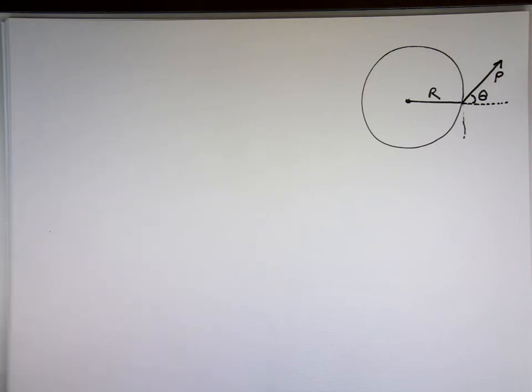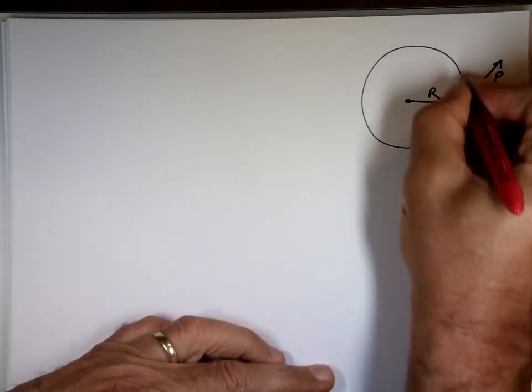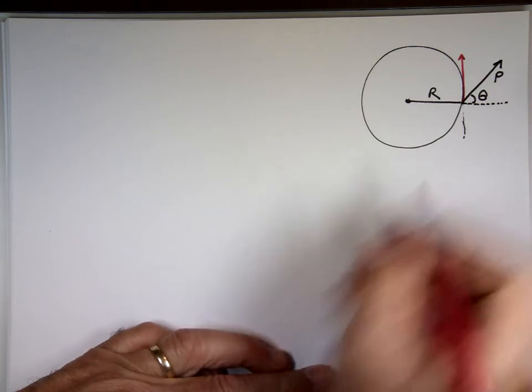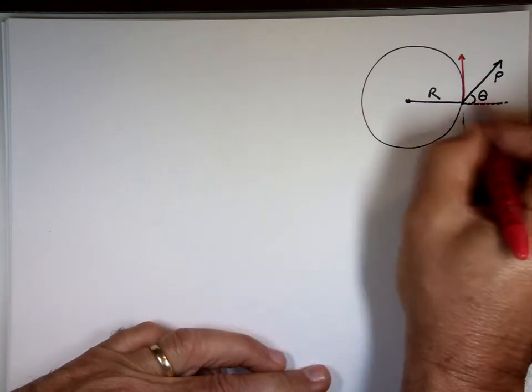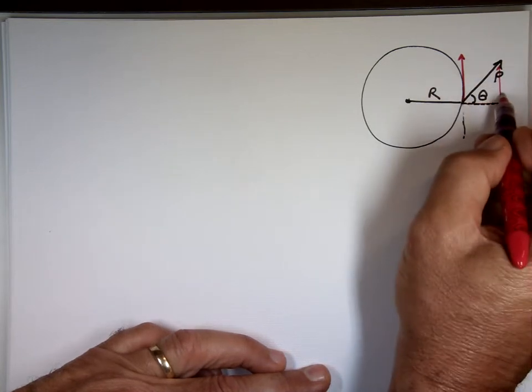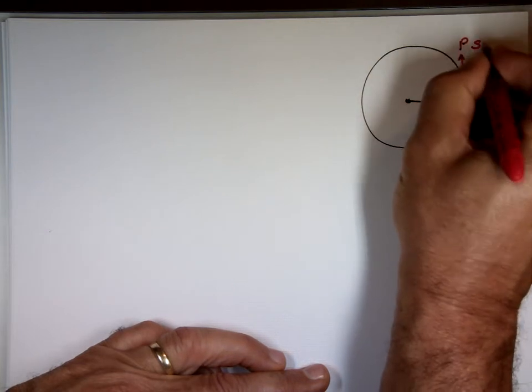What we need to do first is find what portion of that pulling force is the tangential one. It's in this direction. And notice that's the y value. This is the x here, and this is the y. I'm looking for that value right there. So that value will have to be what? P sine of theta.